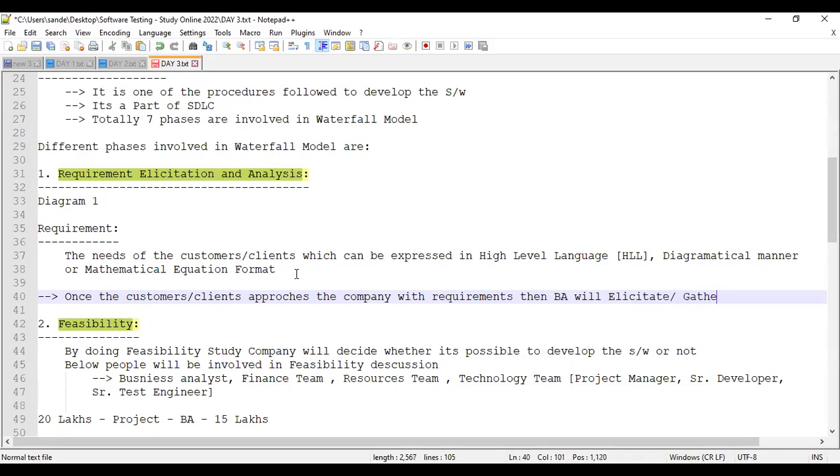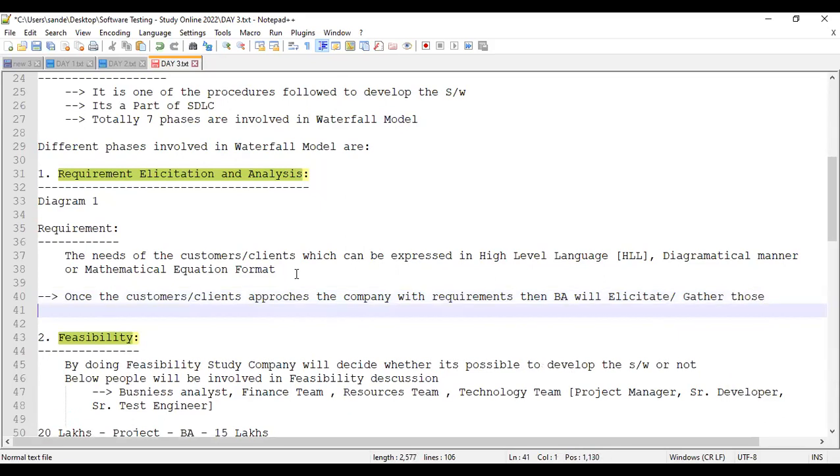Gather. Elicit or gather those requirements from the customer or clients. Is that fine? That's the duty of a business analyst.